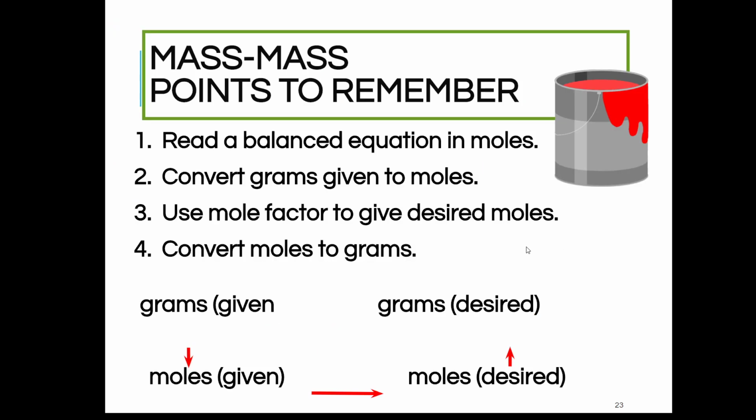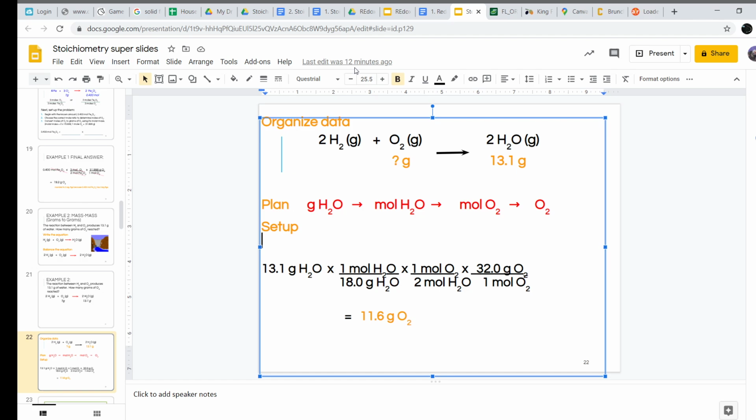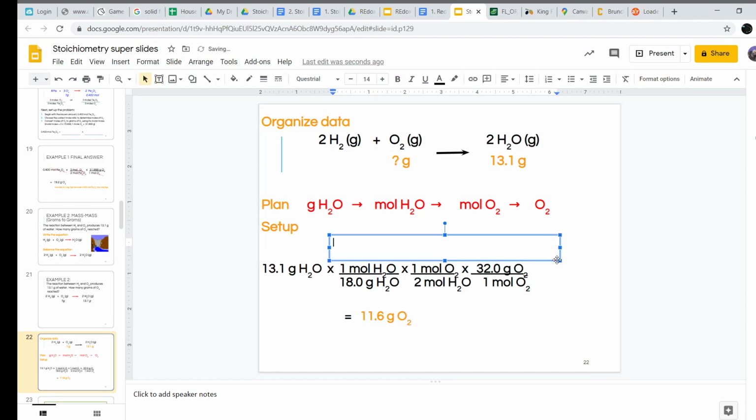And what I like to say is that we have essentially created a system where we have 3 conversions here. Okay, we have a conversion to get to moles. Then we have a conversion where we convert to the element or compound.